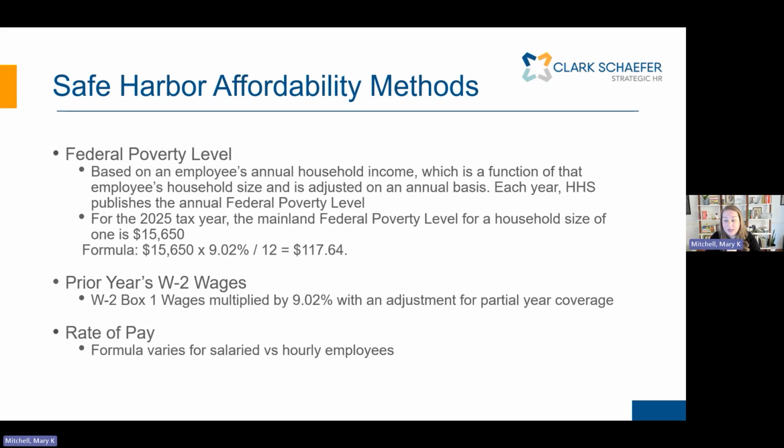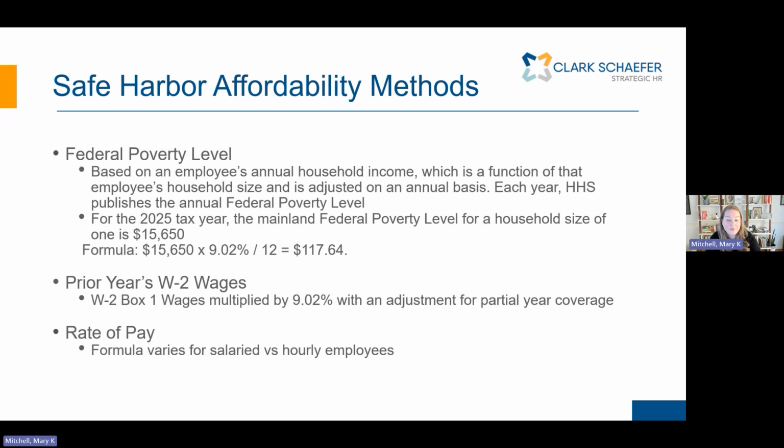This one, in all honesty, is the hardest one to reach with the escalating costs in healthcare for medical coverage. It's based off of an employee's annual household income, which is a function of that employee's household size and is adjusted on an annual basis based off of what HHS publishes each year for the annual federal poverty level.